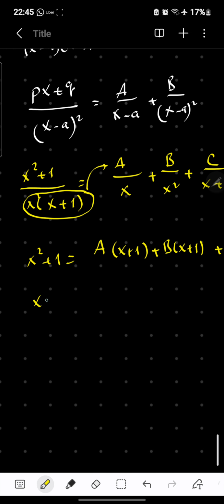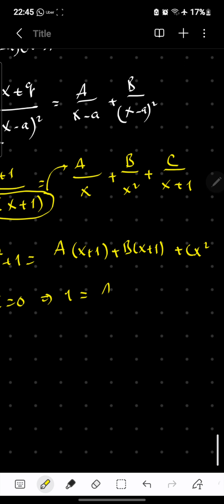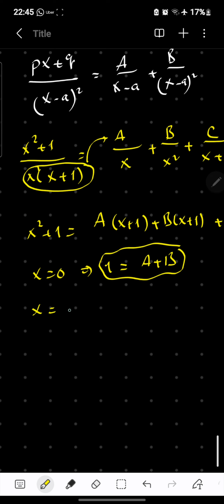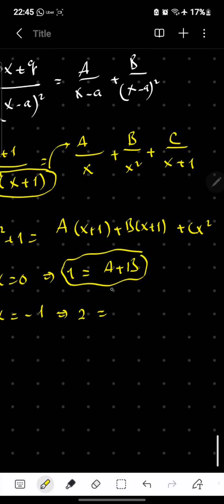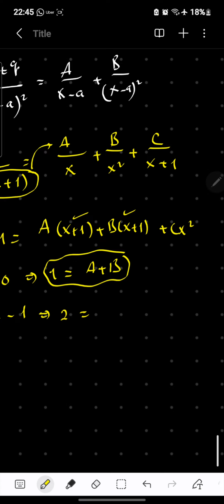Let's try x equals 0. It will give us 1 equals a plus b. It's one equation; we cannot solve it. We need another one. Let's try x equals negative 1. We will get 2 equals c, since the other terms will be cancelled. So c equals 2.